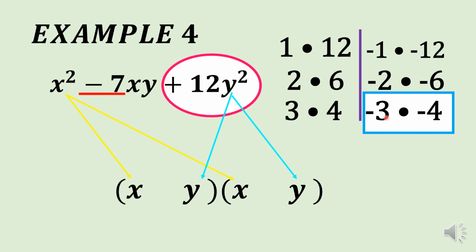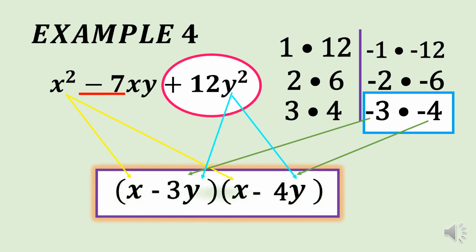Ito yung factors na nahanap natin kanina dito. So, you have negative 3 or you write sa ating una as minus 3. Then sa dulo naman, you have negative 4. So, lagay natin sa dulo as minus 4. And that we have now our final answer as quantity x minus 3y, then quantity x minus 4y.